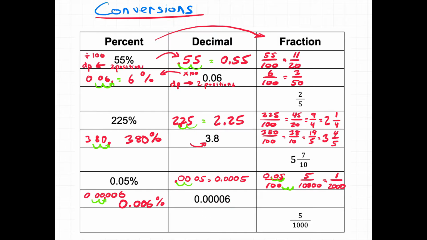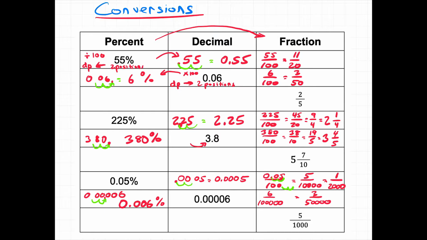Okay, so that as a fraction would end up being 6 over 100,000. And again, I can see that we have even numbers in both cases, so I know I can divide by 2. And 6 divided by 2 is going to be 3, and 100,000 divided by 2 is going to be 50,000.